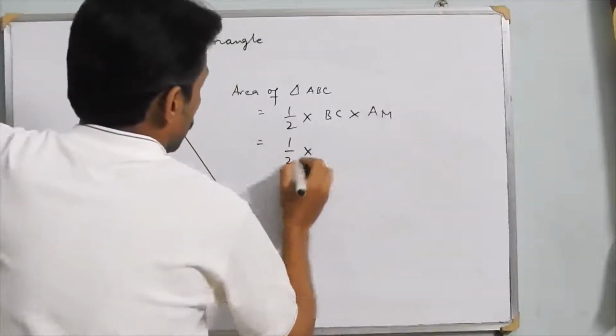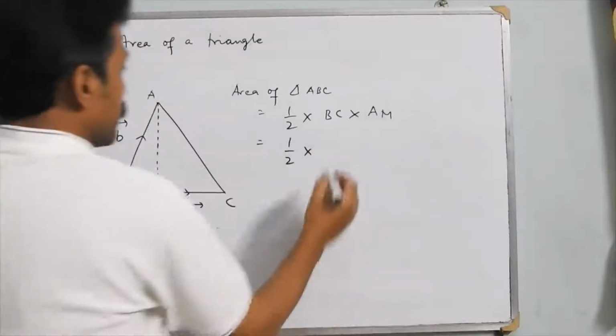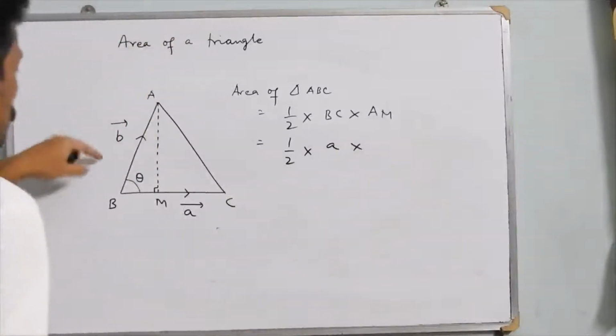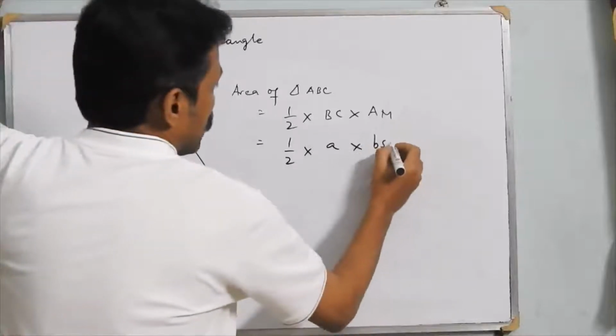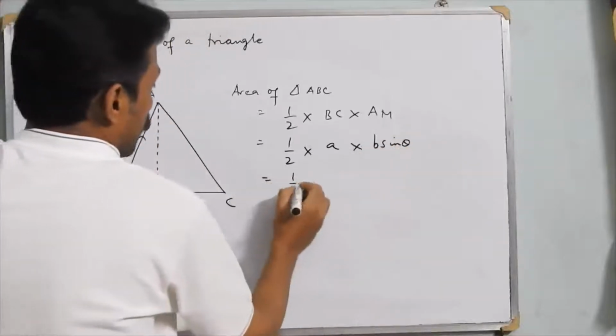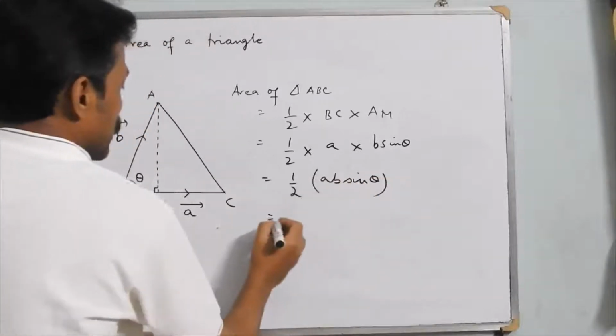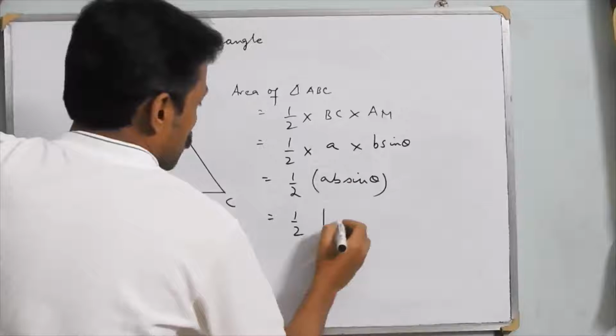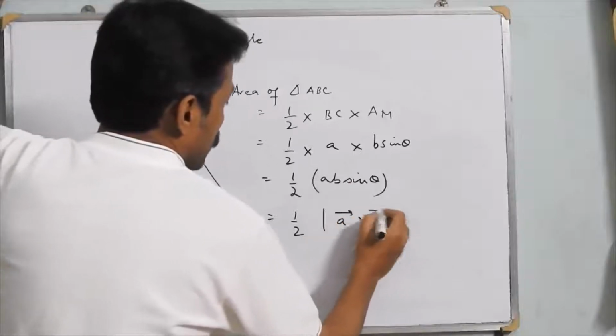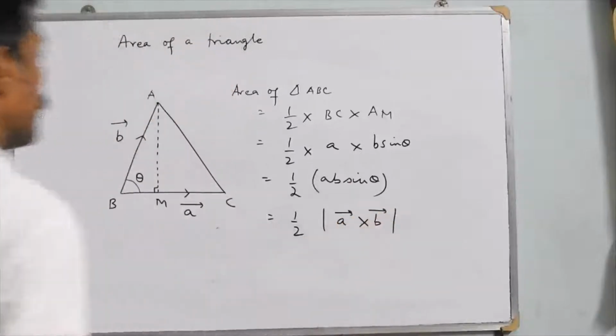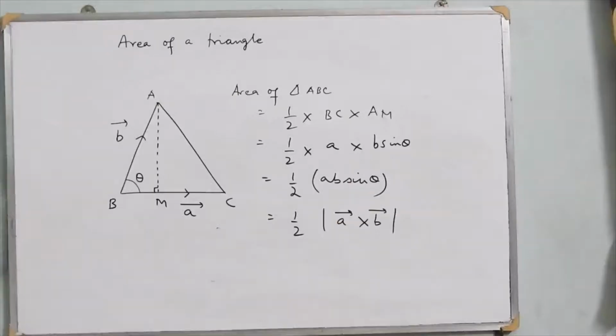Now, as in the previous example, BC is the magnitude of the vector A and AM was B sin theta. So this becomes half of AB sin theta. And what is AB sin theta? It is the modulus of the cross product of A vector and B vector. So if the adjacent sides of a triangle are represented by A vector and B vector, its area is half the modulus of the cross product of the vectors.